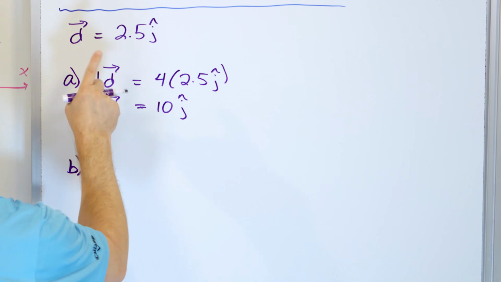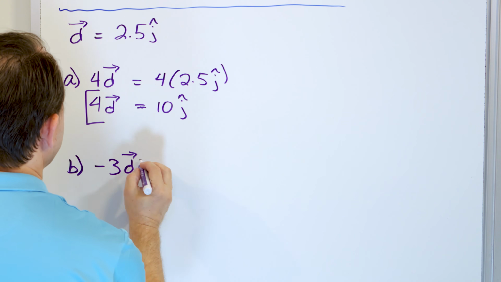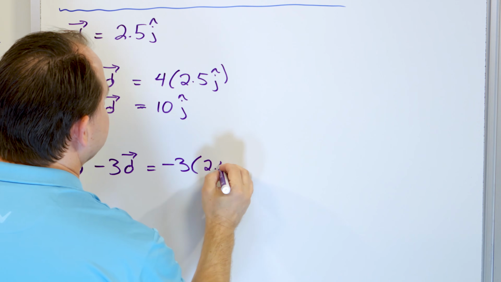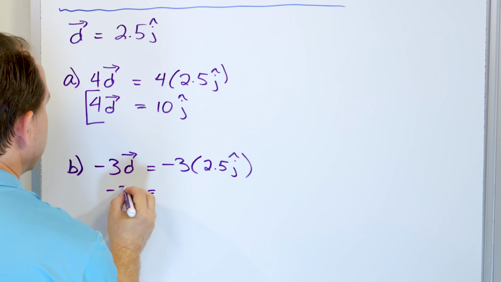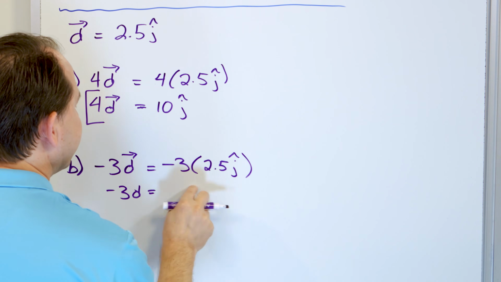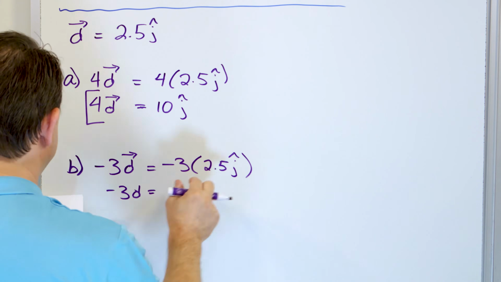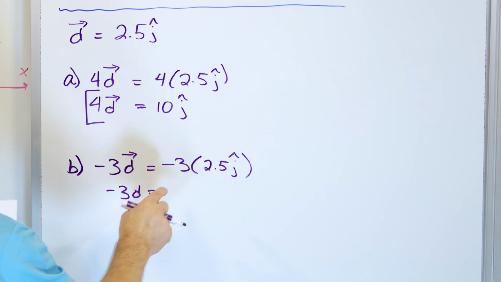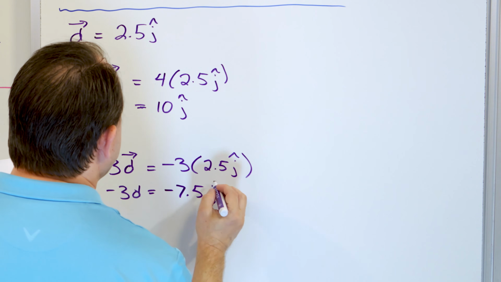If we take this same vector and multiply it by -3 times d vector, what do we get? We get -3 times this, which is 2.5 j. We already know that when we multiply vectors, we just multiply the numbers. The fact that this is negative has nothing to do with it. We still follow the rules of math. So -3 times 2.5 is -7.5 in the j direction.